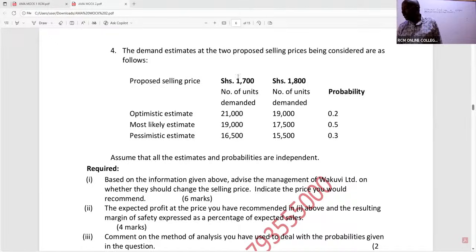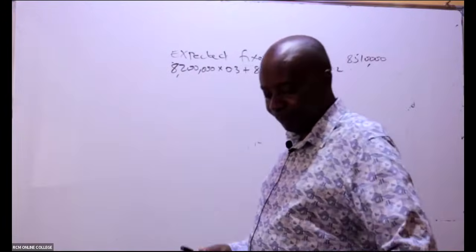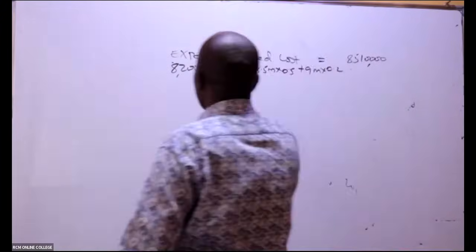So first of all, let's do this price of 1,700. We are asking ourselves, if we charge 1,700, how much shall we be able to get in form of contributions? So the first price we consider is a selling price of 1,700.